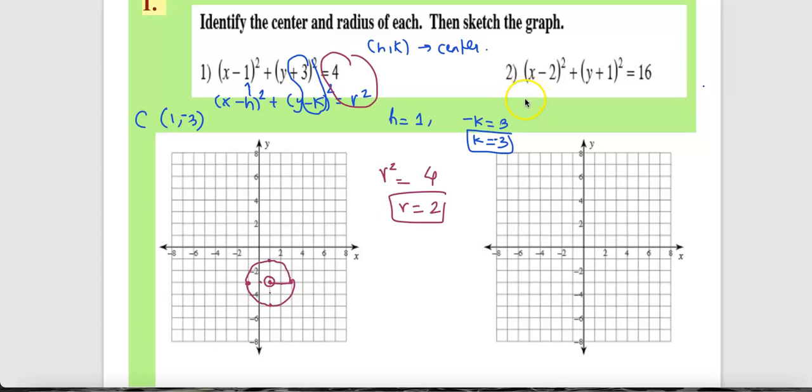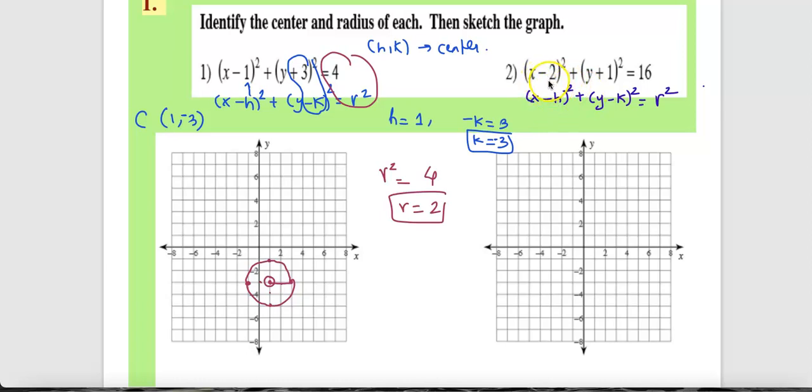Again, for this problem, I will write the standard form of the equation of a circle, which is (x − h)² + (y − k)² = r². So let me compare. When I look over here, first check that this is squared, this is squared, and this is squared. It looks similar.